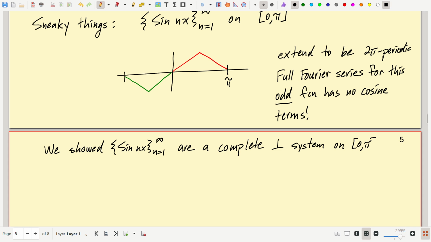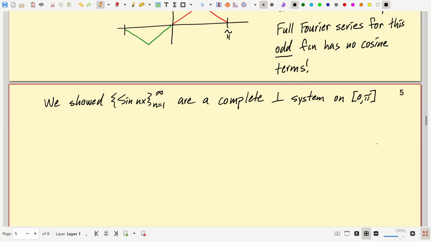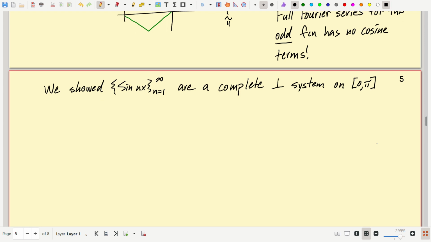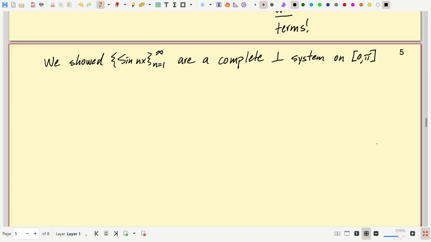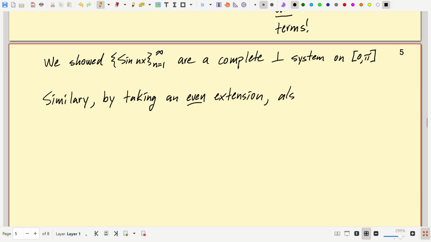Well, it turns out we can do something similar with these cosine terms. We also did it for the cosine series. Then we took an even extension. So similarly, by taking an even extension, we also see that the cosine ones are complete.